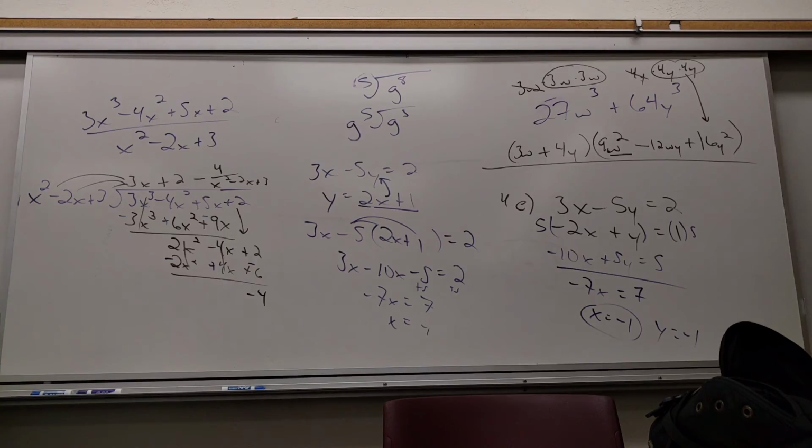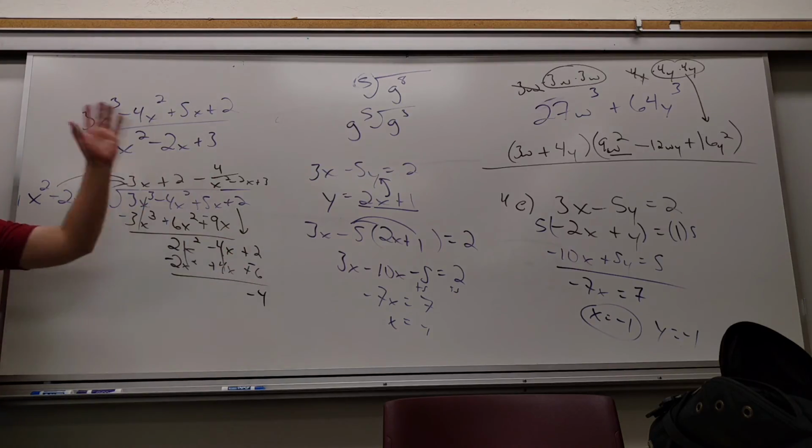But as you watch me do it, you say, do you understand why I did what I just did? That's how you work a math class correctly. Don't just sit there and go, yeah, I could. Say, do you know why I put a 3x there? Do you know why I changed the signs? Do you know why I brought that down?